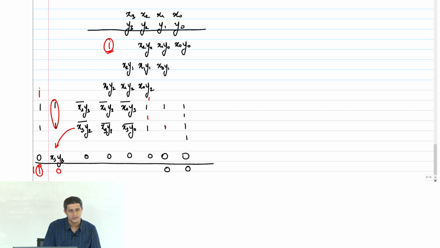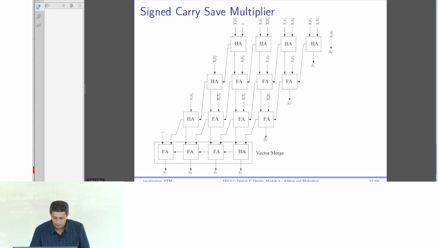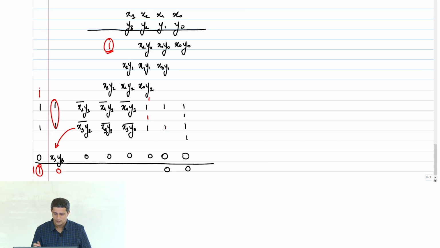That carry, along with x3, y3, when I add, will give me a carry. And I need to add the 1 to that. Is that clear? Okay, last part. Did you follow this arithmetic here?